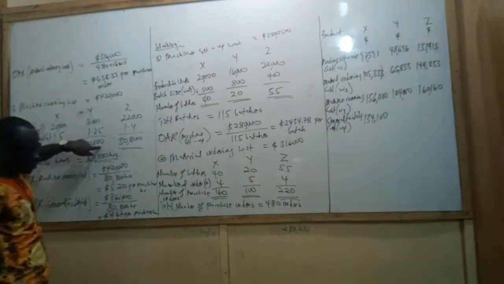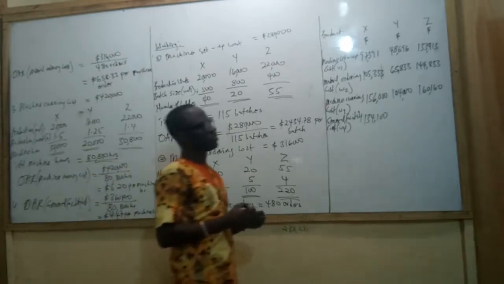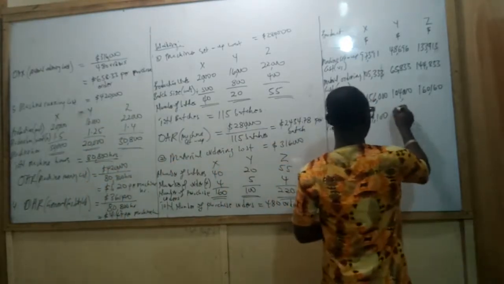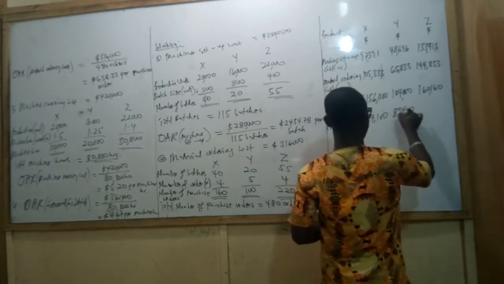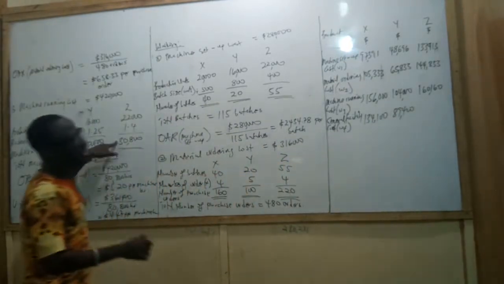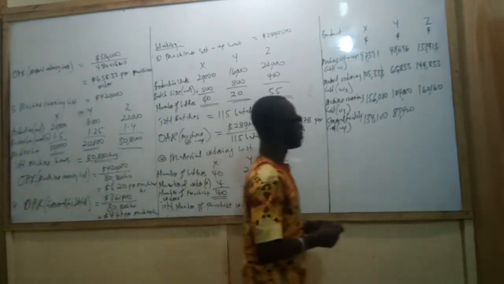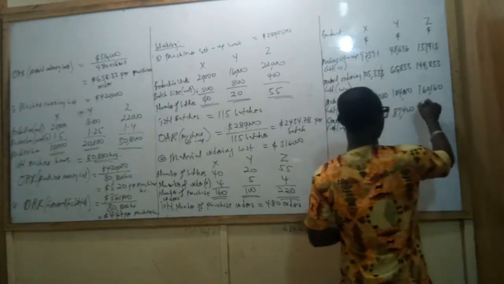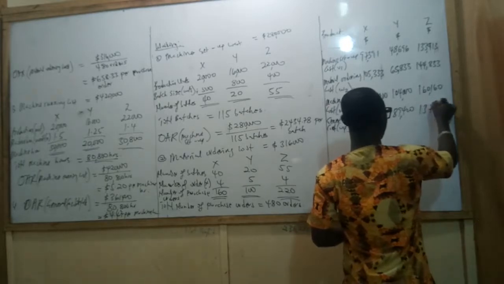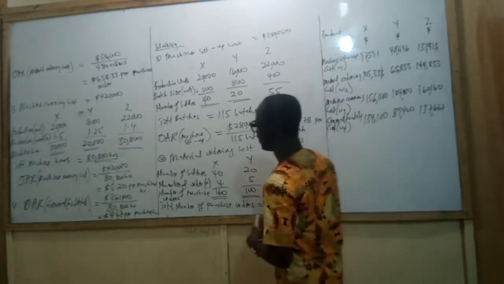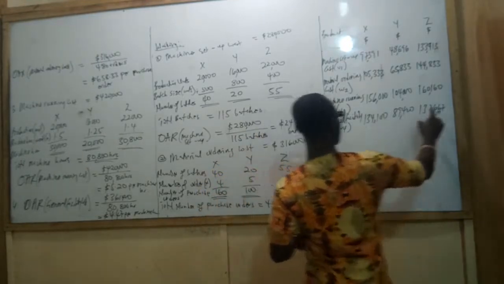By 20,000, we have 89,400. By 30,800, we have 137,676.